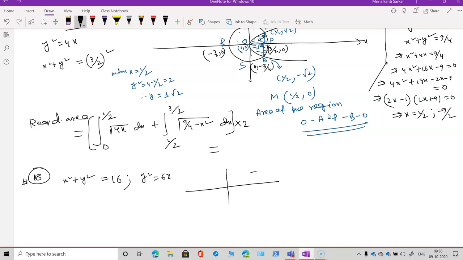Y square equal to 6x parabola is there and circle x square plus y square equal to 16 is there.